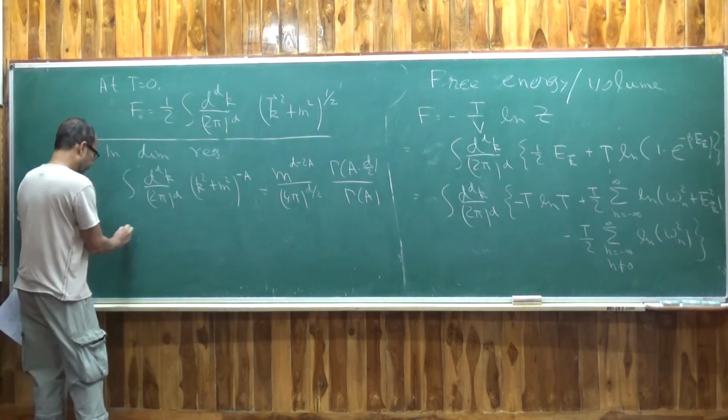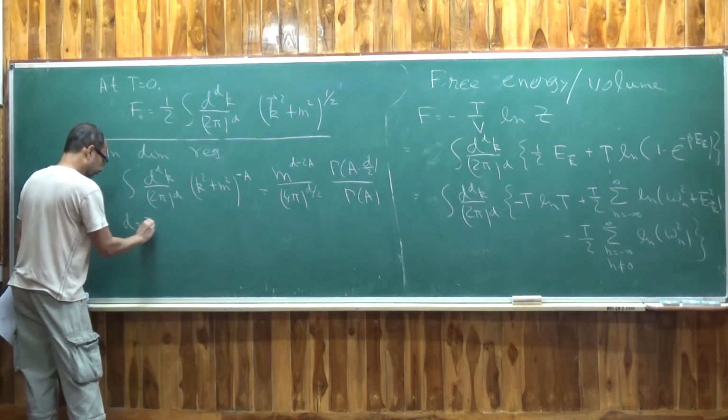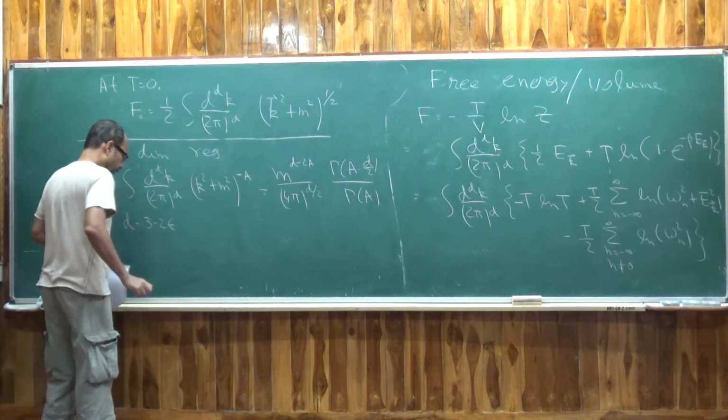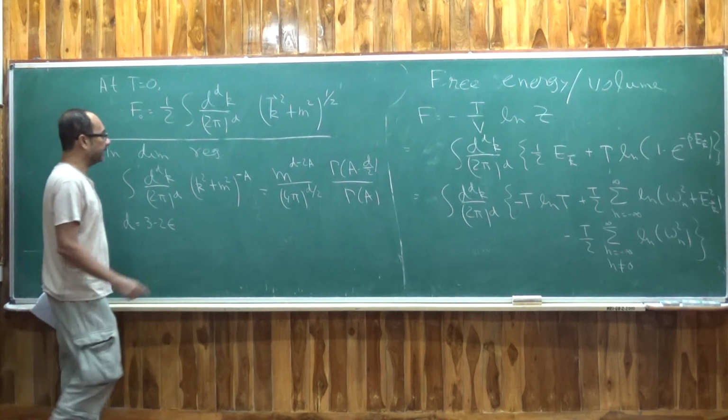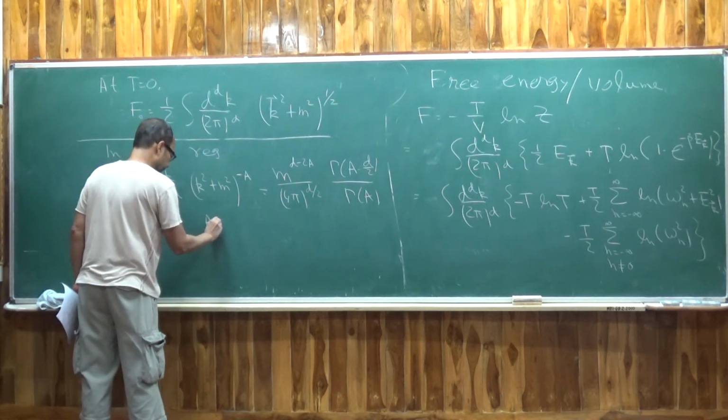Here we take d equal to 3 minus 2 epsilon. Eventually we are interested in taking the epsilon goes to 0 limit. a in our case is minus half.